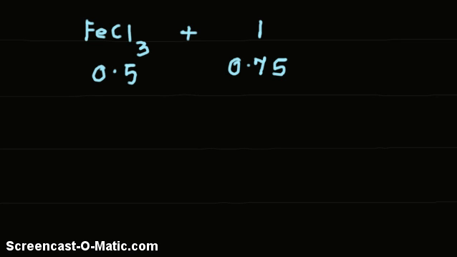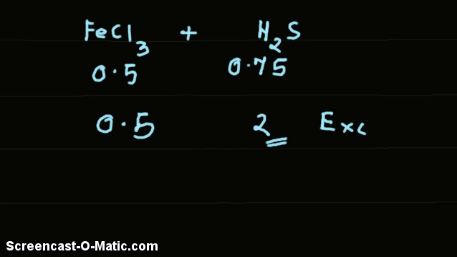So for this given reaction, 0.5 moles of FeCl3 are reacting with 0.75 moles of H2S, and the original quantity of moles which we have is 0.5 for FeCl3 and 2 moles for H2S. So H2S is in excess, and FeCl3 is fully consumed.